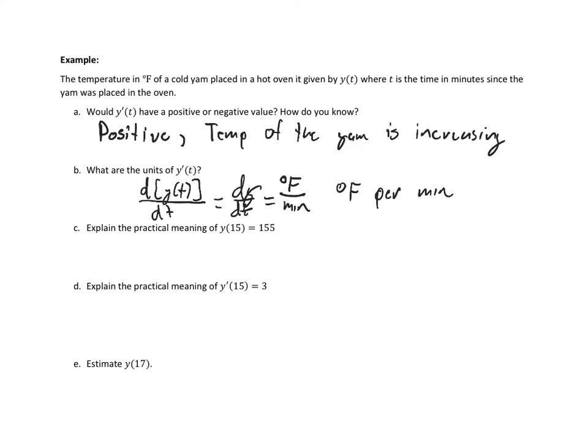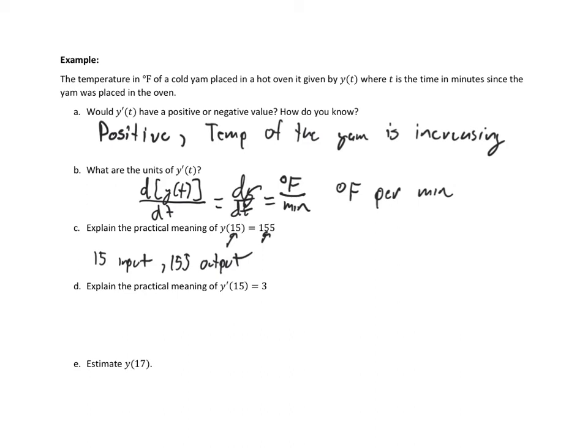Explain the practical meaning of y of 15 equals 155. So here, 15 is the input, and 155 is the output. And we're just talking about the original function.